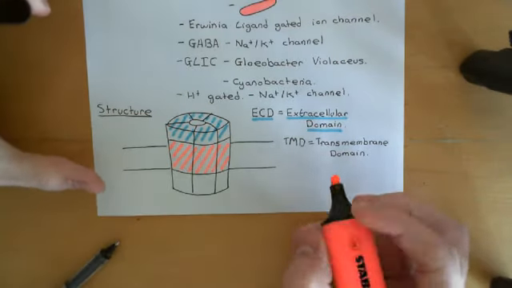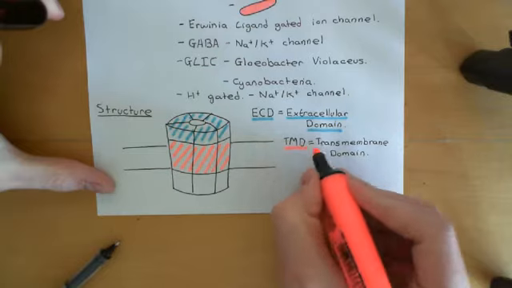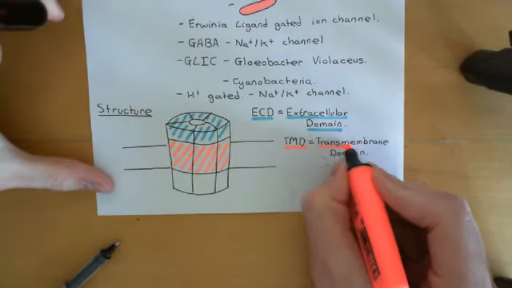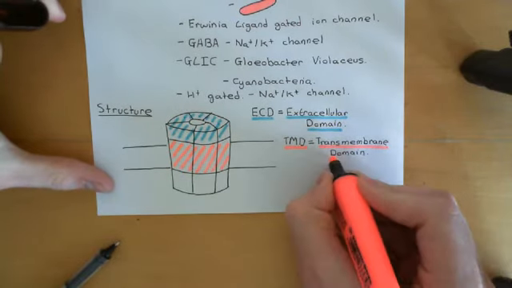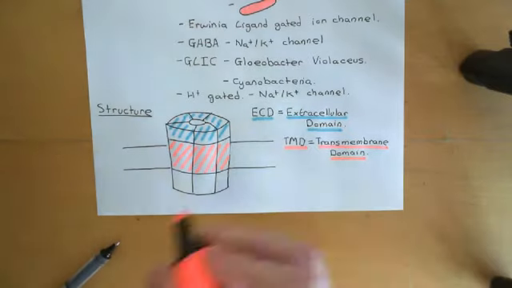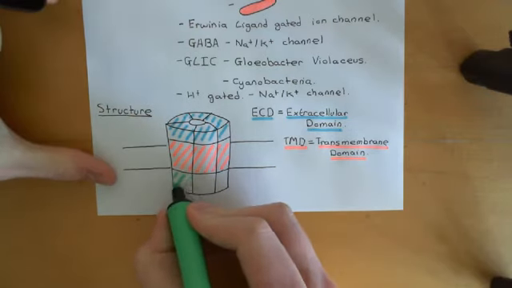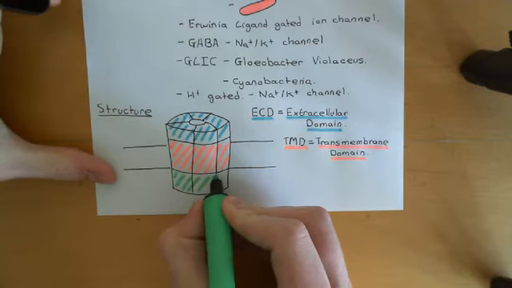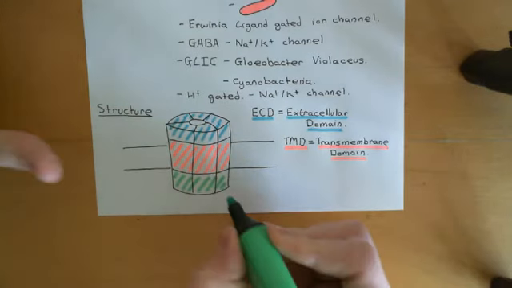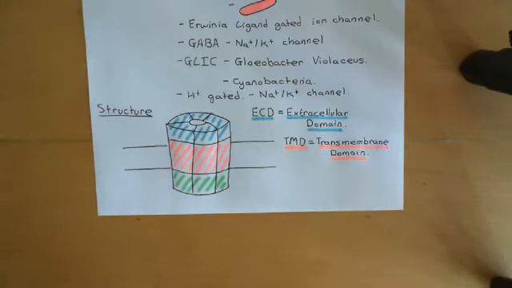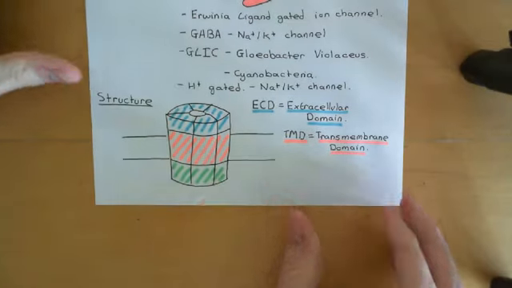Now the extracellular domain and the transmembrane domain are both conserved for all the mammalian Cys-Loop ligand-gated ion channels and all of the non-mammalian ones that I've discussed, the GluCl channel from worms and ELIC and GLIC from prokaryotes. The portion that I'm about to tell you about now, which is down here, and I'll colour in green, which is the intracellular domain, is not there in the prokaryotic ones, that's only there in the mammalian ones.